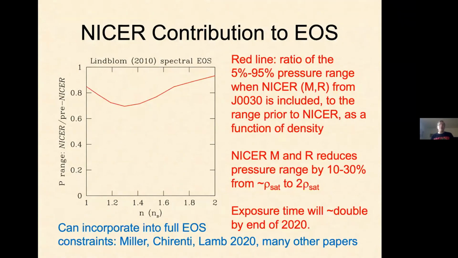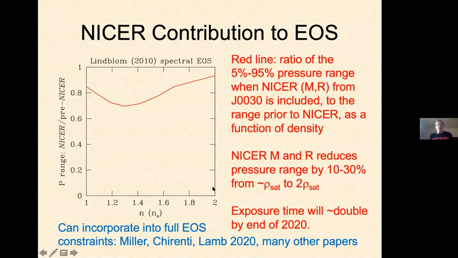What I mean by this is, let's say this is the spectral equation of state introduced 10 years ago by Lee Lindblom and favored by the LIGO team. You say, what did we know in terms of the range of pressures at different densities? This is the baryon number density, at nuclear saturation density, and then twice that.